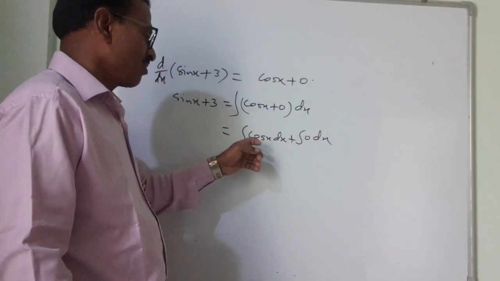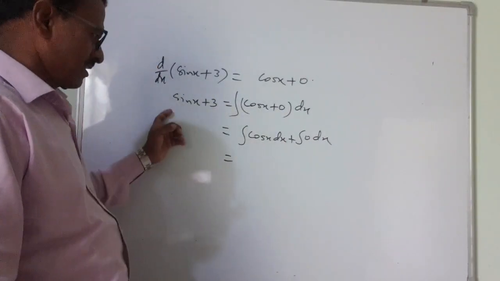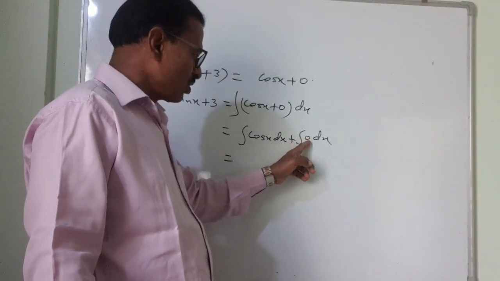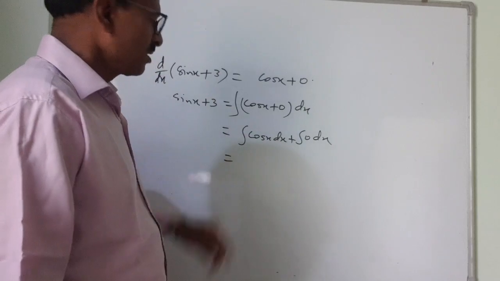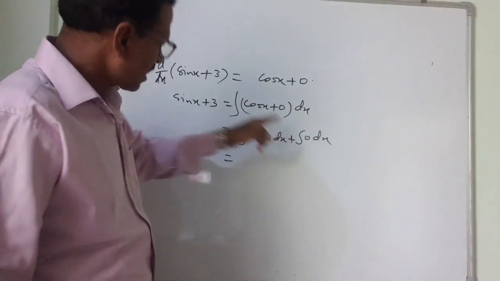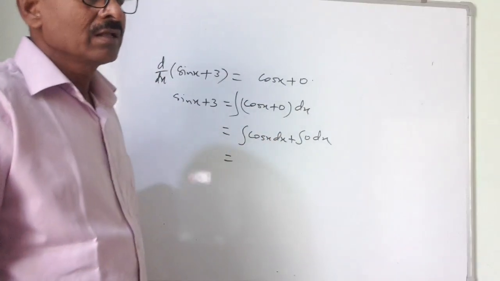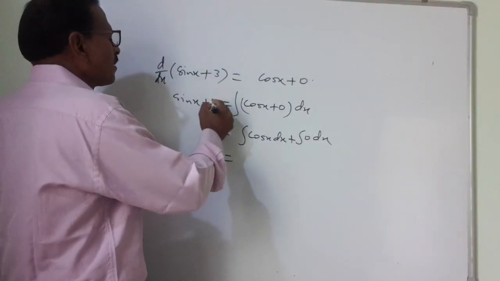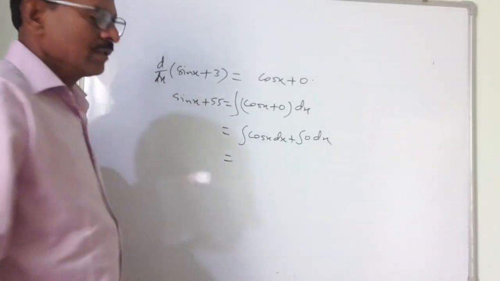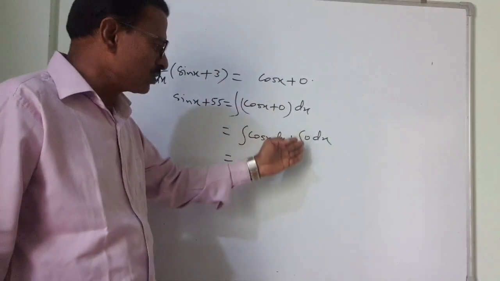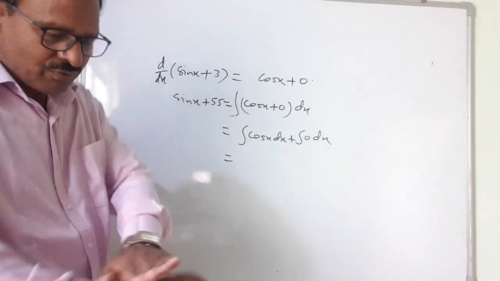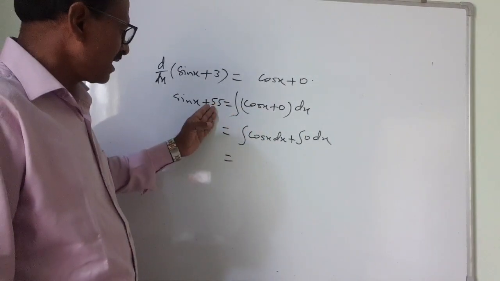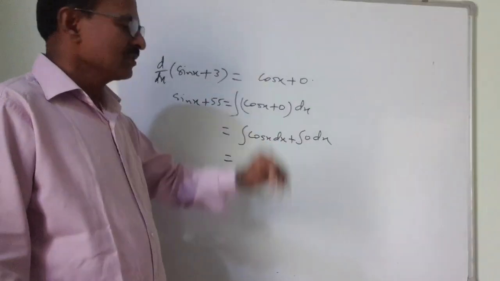The derivative of sine is cos. Can you say that the derivative of 0 is 3? In this sum, yes, I will say it is 3. But if I take 55, then also the derivative will become 0. That means we don't know which number is there whose derivative has come 0.